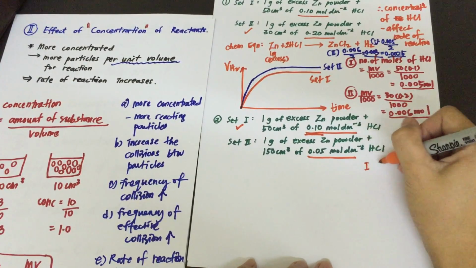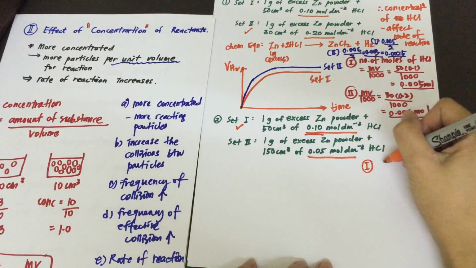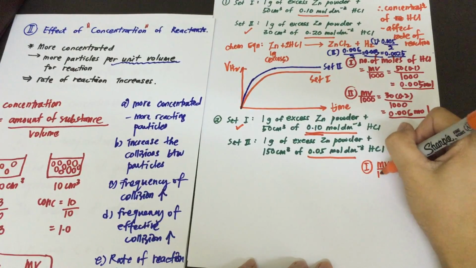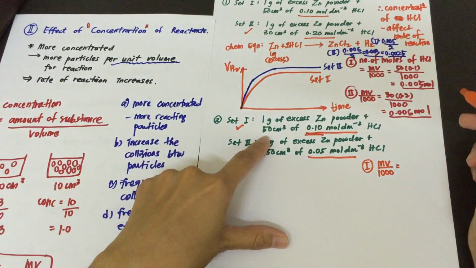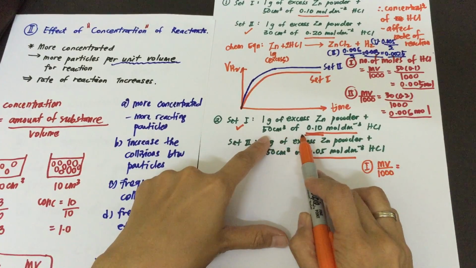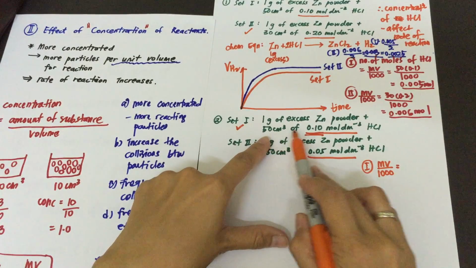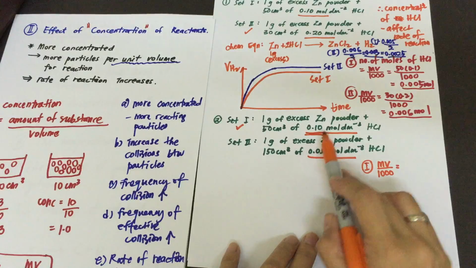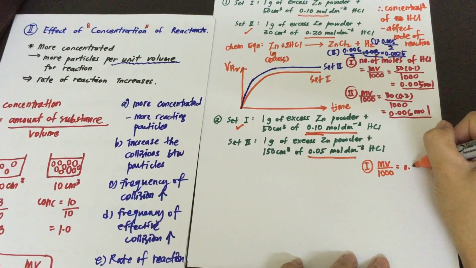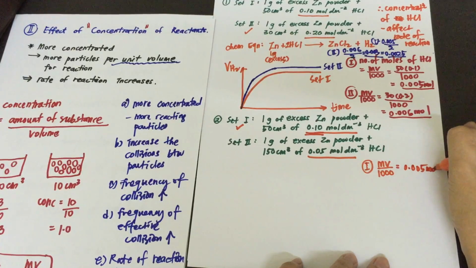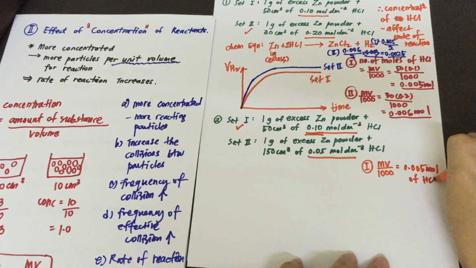So for set 1, we have 50 centimeter cube of 0.1 mole per decimeter cube of hydrochloric acid. So the number of moles will be 0.005 mole of HCl solution.